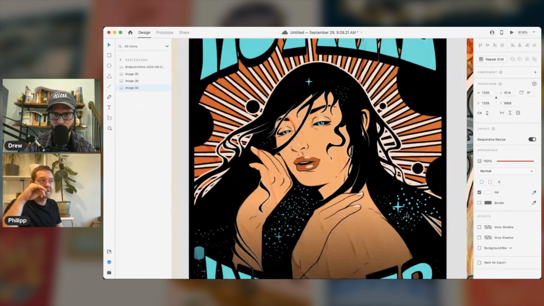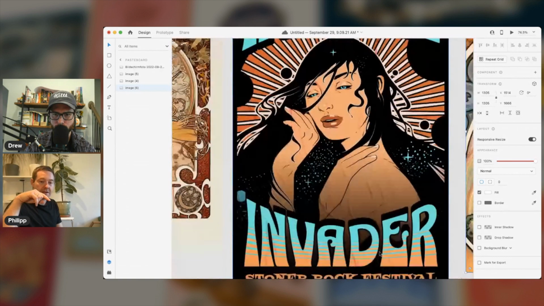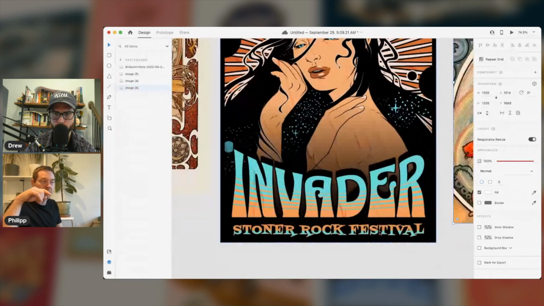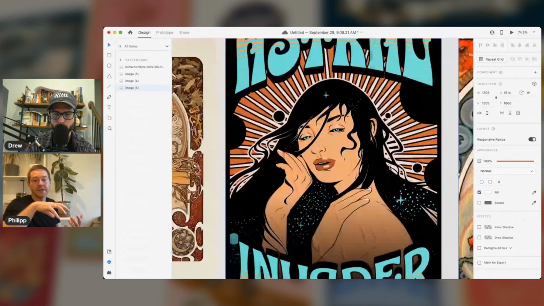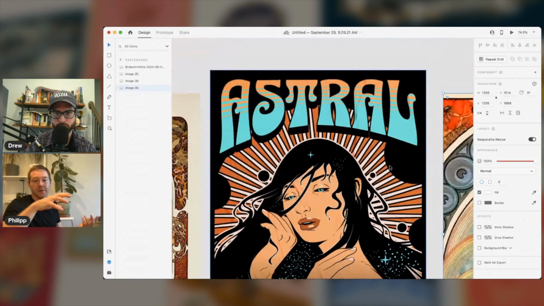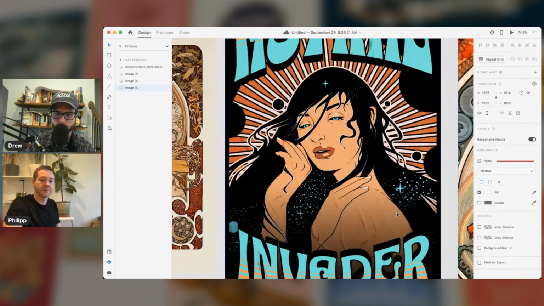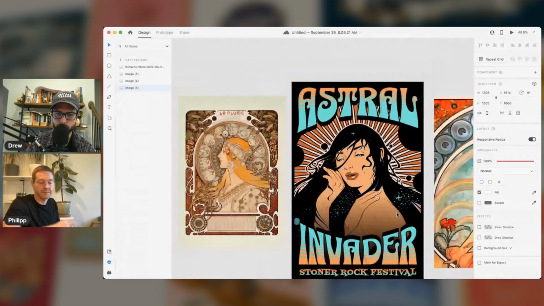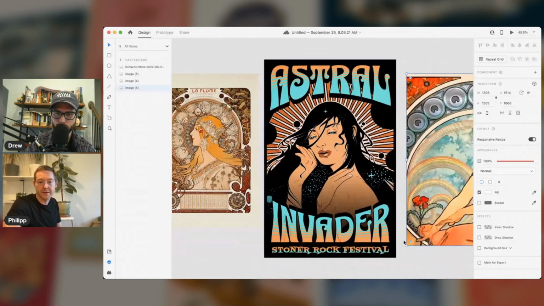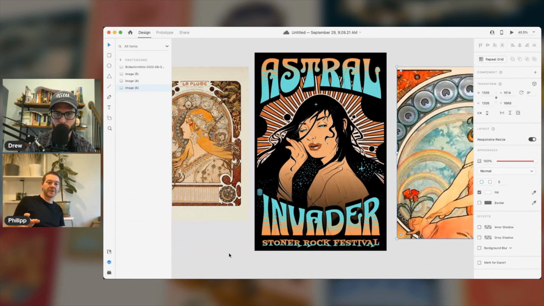We will change the colors accordingly to the use. And when we think, okay, these illustrations fit perfectly for a poster for a stoner rock festival, or something like that, or general posters for music bands, or vinyl covers or something like that, we will find colors that fit the topic.